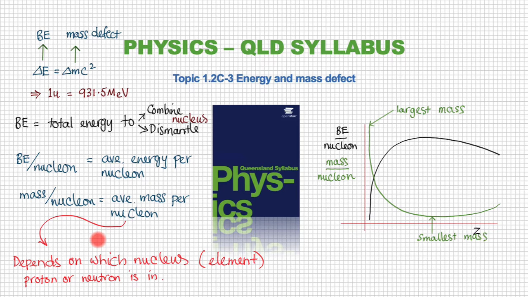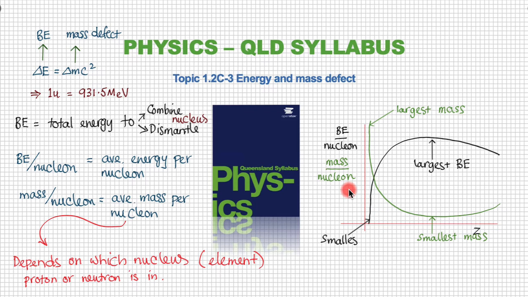The conclusion from this graph and these calculations was that a nucleus like helium or hydrogen, that is really close to the beginning of the Z equals 1 or 2 part of the graph, has the largest mass. So the largest mass of a nucleon would be found in either hydrogen, helium, etc. And the smallest mass would be in something like iron here, which has a greater proton number Z.